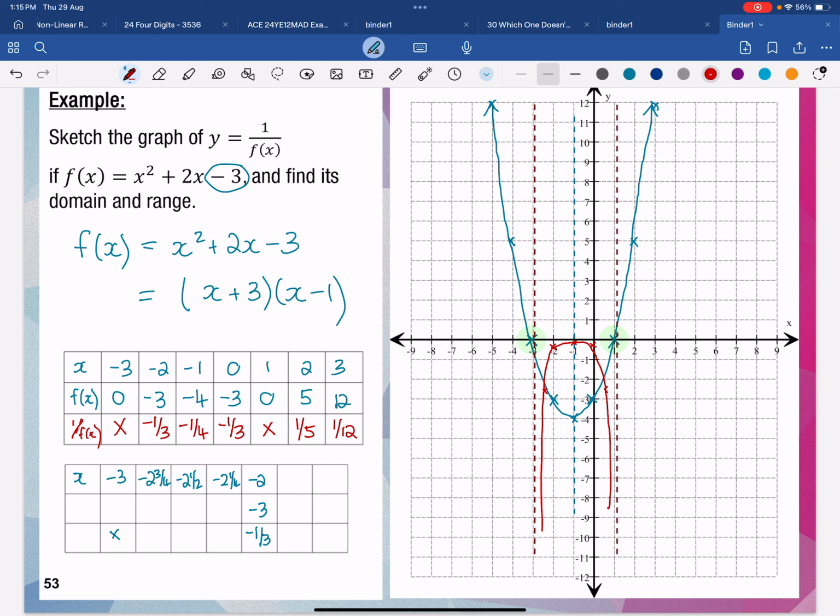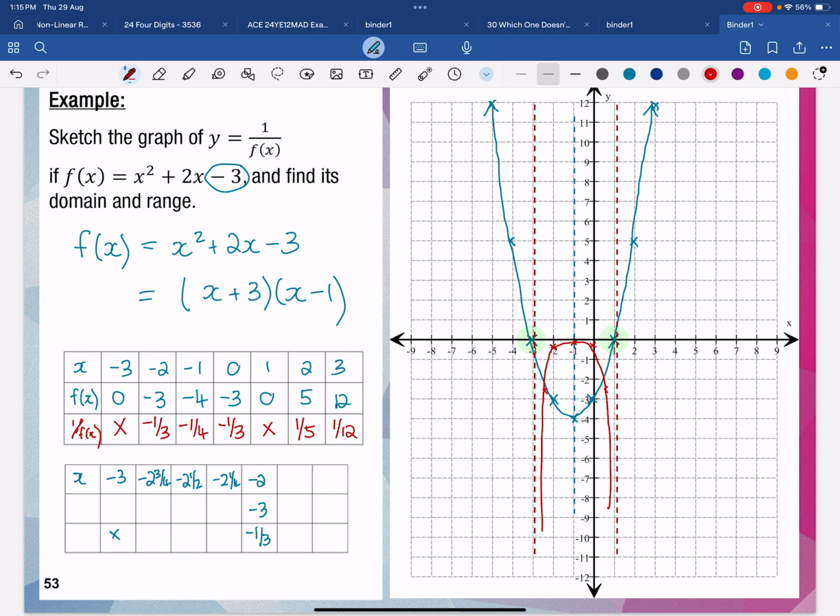If I have a look at what's on the other side, around the -5, and my calculator did handle doing 1 divided by f of x. So where I had -5 for an x value, I had f of x is 12, so g of x is 1/12, which is not very big at all.